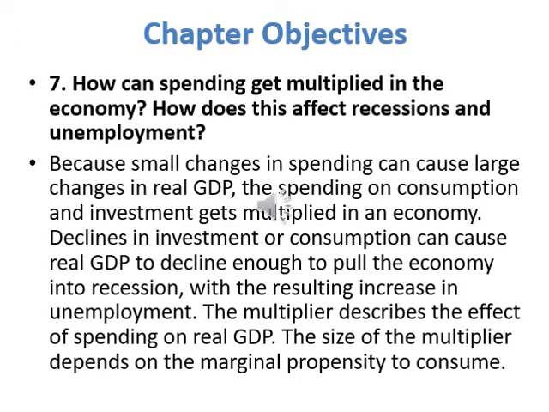Declines in investment or consumption can cause real GDP to decline enough to pull the economy into recession, with the resulting increase in unemployment. The multiplier describes the effect of spending on real GDP. The size of the multiplier depends on the marginal propensity to consume.